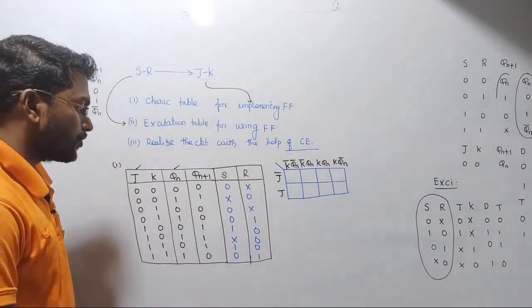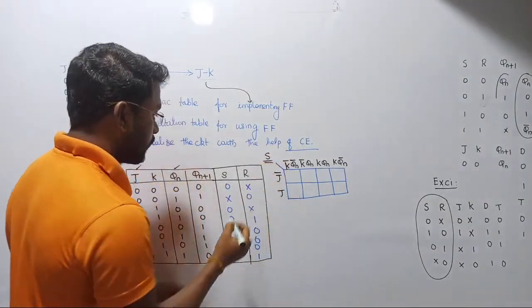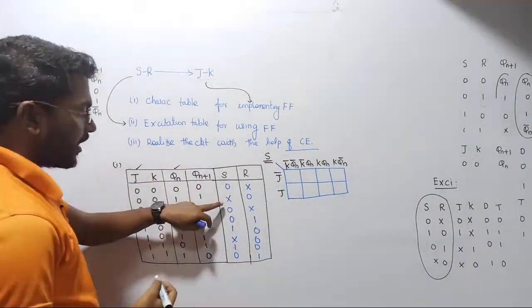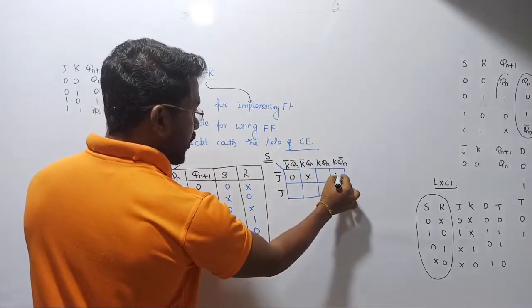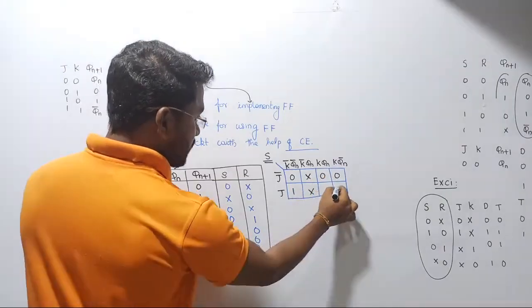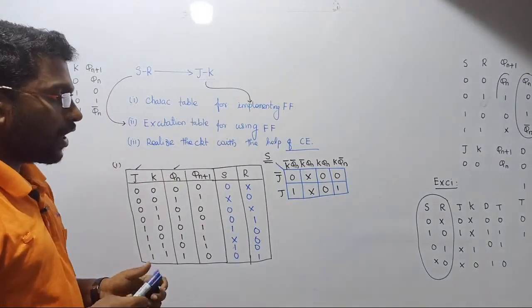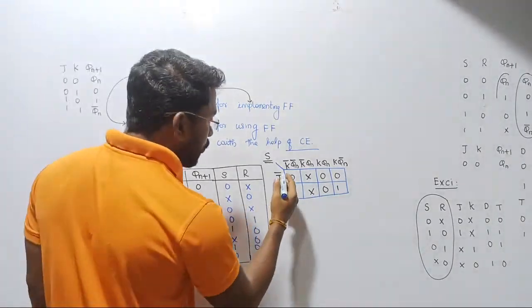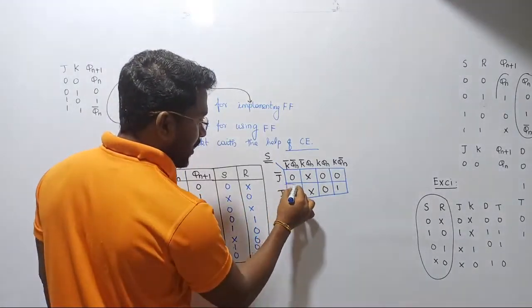Let us place the values. So for S, actually I am writing this table for S. Let us consider for S, at 0 I don't have any variable. At 1 we have the variable, 2 we don't have any variable, 3 we don't have any variable, 4 we have, 5 we have, 6 we have, 7 we don't have any variable. Now let us write the output for this function. So the output of this S is going to be, simply, directly we can club these two.